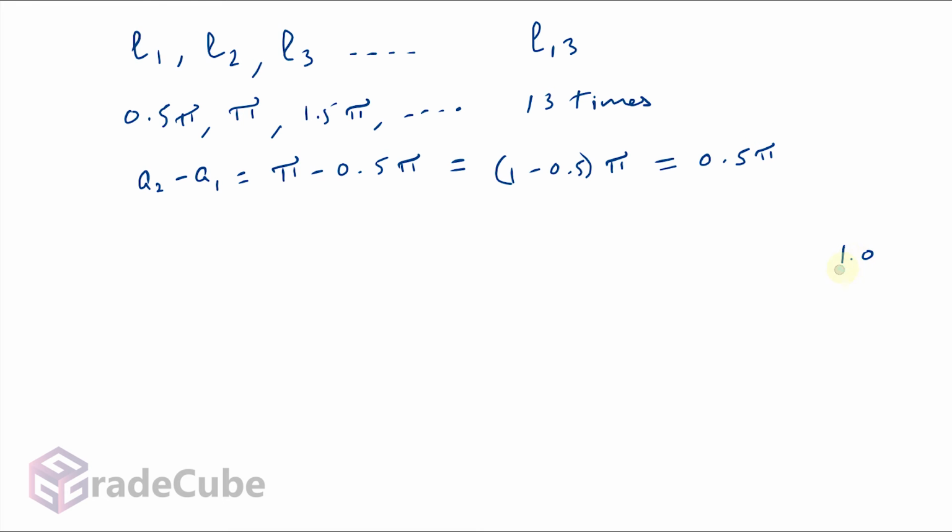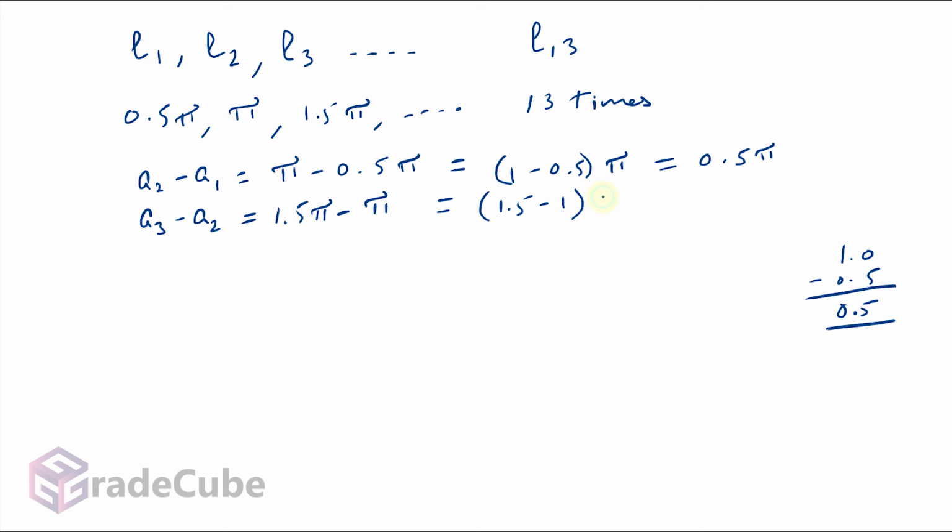You know the calculation. In order to subtract 0.5 out of 1, I have to put a decimal followed by a 0. Now 10 minus 5 is 5. Decimal at the same place. Similarly, A3 minus A2 should be 1.5 pi minus pi, which is 1.5 minus 1, pi, again 0.5 pi, right?